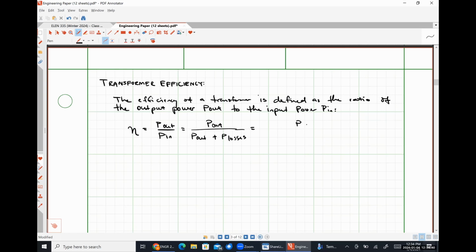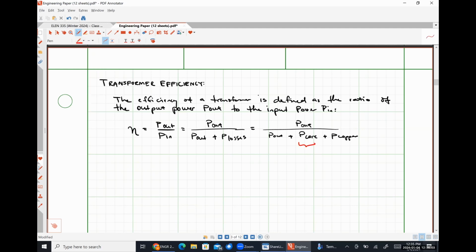So our last relationship here is going to be P out divided by P out plus, let's put P core here, plus P copper here.